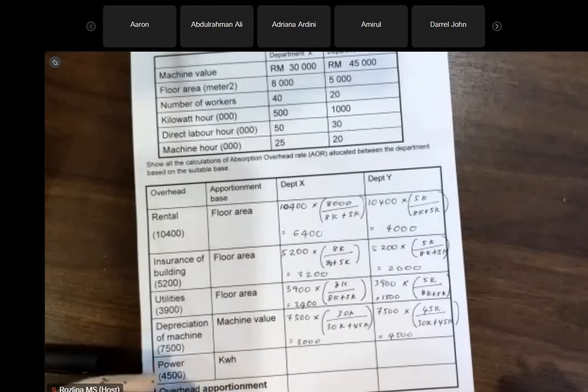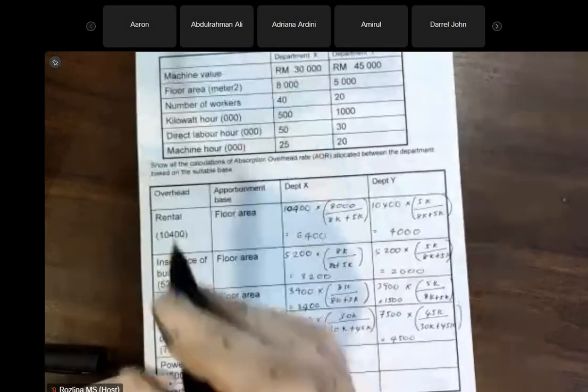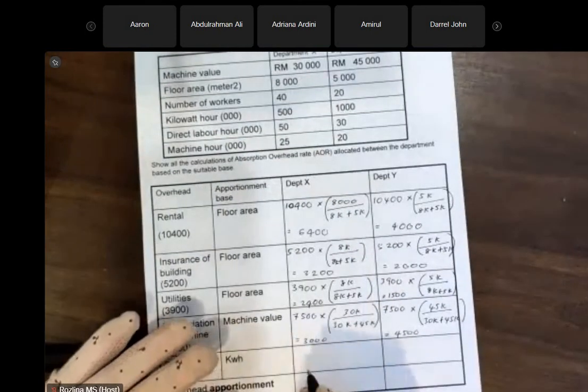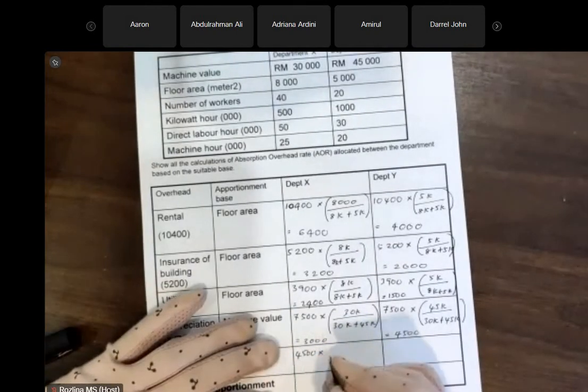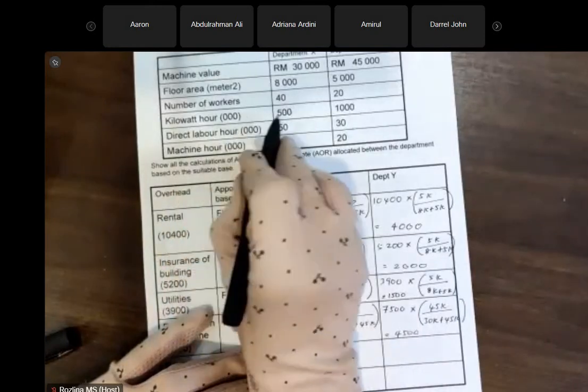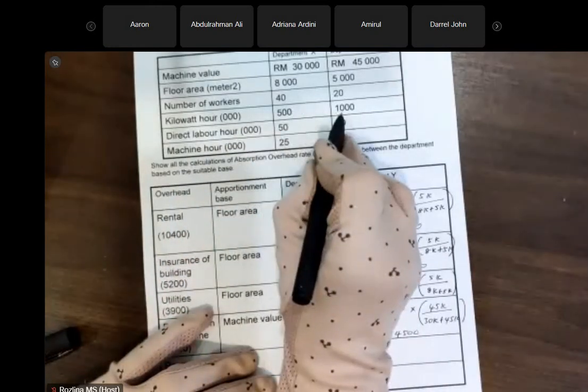Okay, for the power, 5,500. So 4,500, kilowatt hour 500 and 1,000.